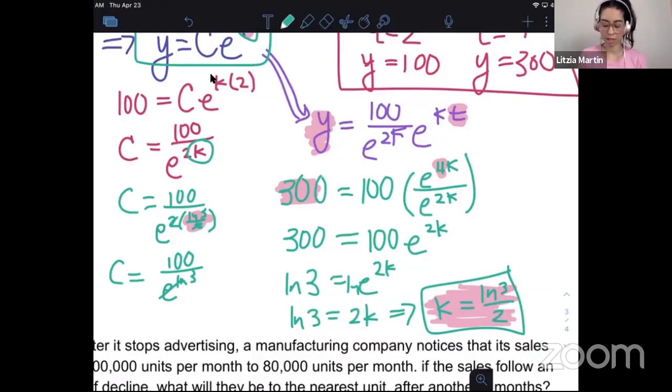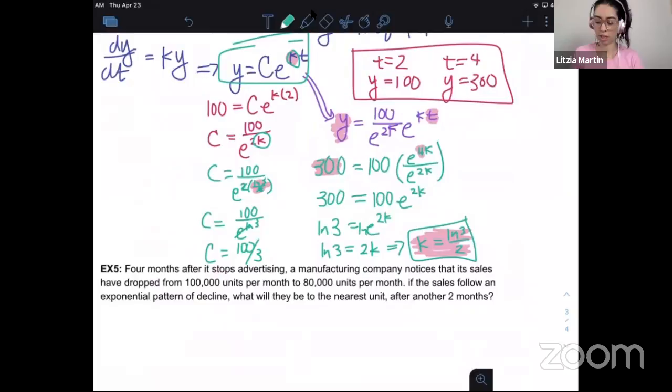So I'm left with c is equal to 100 divided by 3. So that's our initial value too. Okay, so c is equal to 100 divided by 3. k is equal to ln 3 over 2.